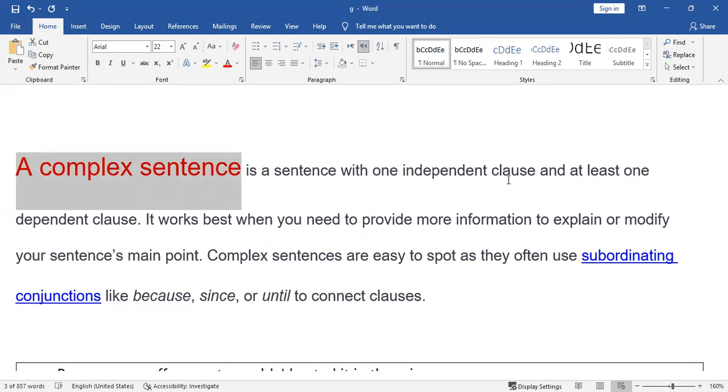This means that I may have more than one dependent clause in the complex sentence. وتبقى برضو اسمها complex sentence.